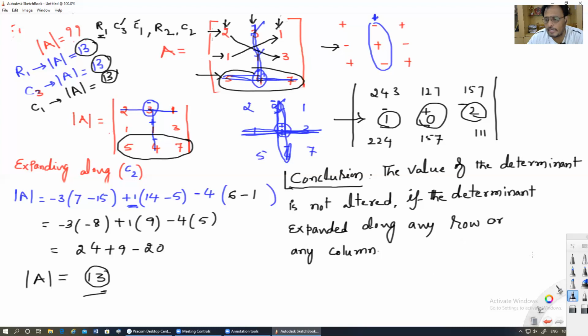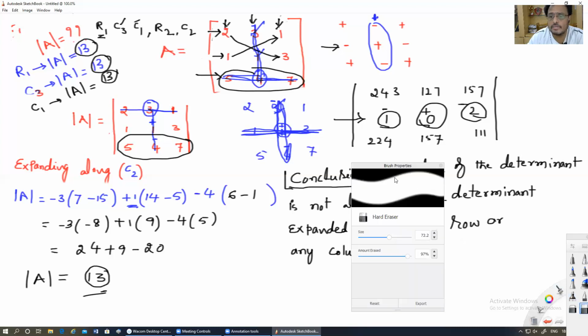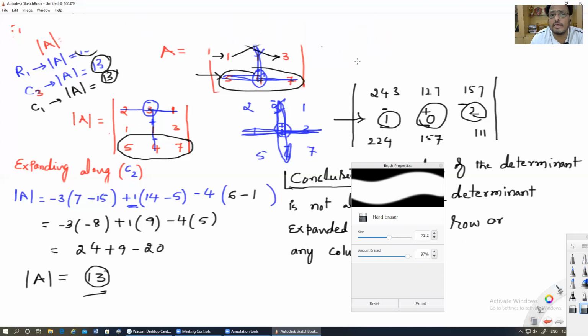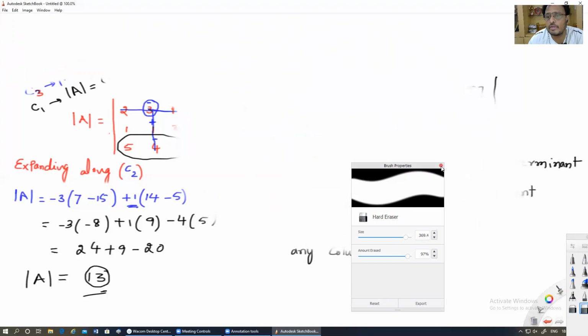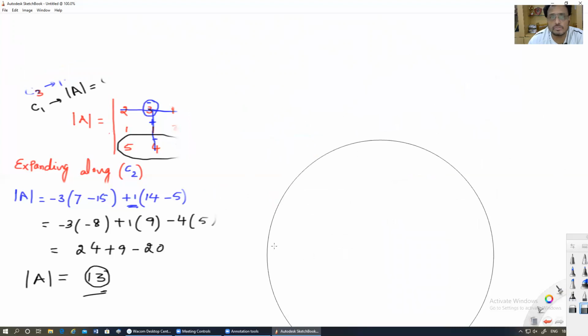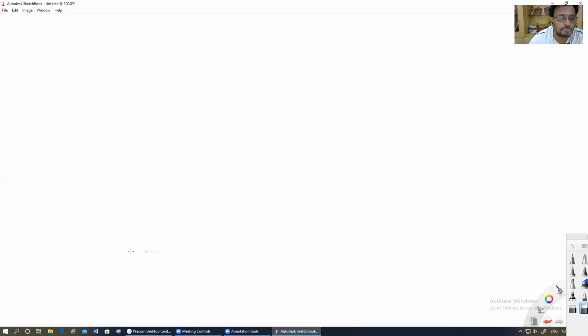So now, my dear students, in this case I'm going to take one determinant and expand all rows and columns. I'll show that the final answer, the value of the determinant, is not altered. The value of the determinant remains the same if it is expanded using any row or any column. So I just wanted to give you the final conclusion.